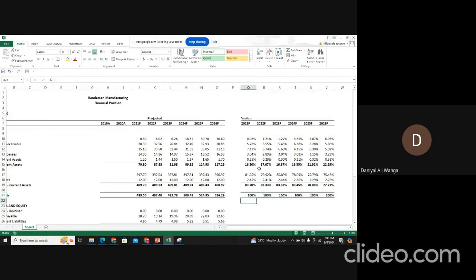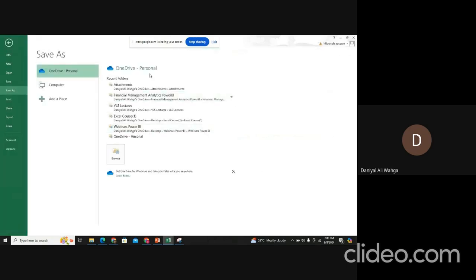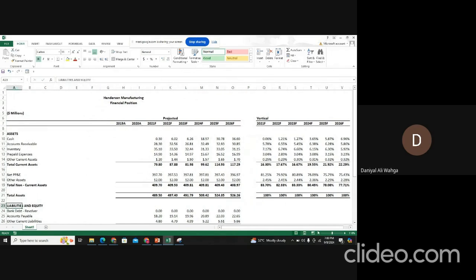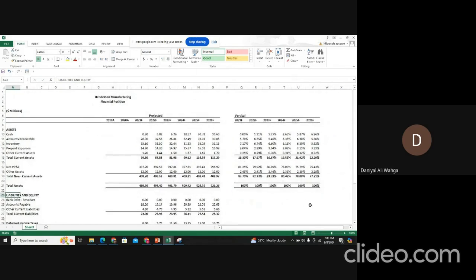Now you get to see the result. Just wait for a second. And yes, you got a vertical analysis along with your projected balance. How has this been working? It's a part of your financial analysis. Now you get to see the vertical analysis as well as your projected balance shown.